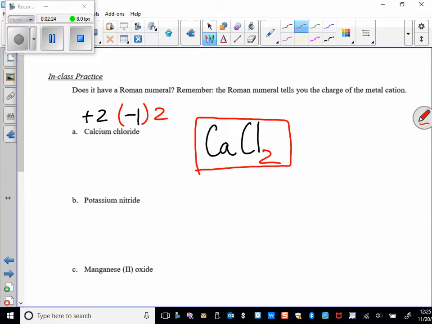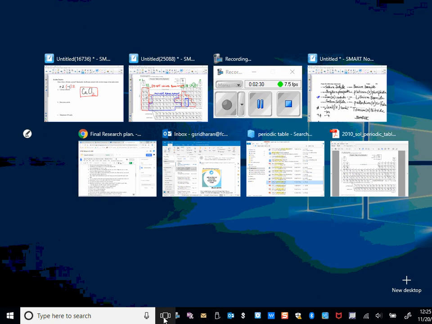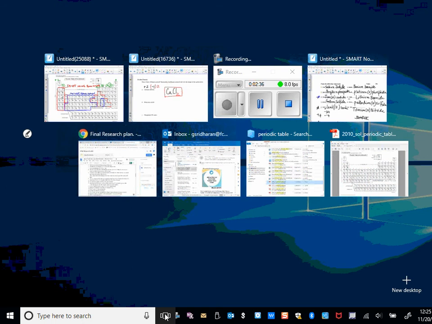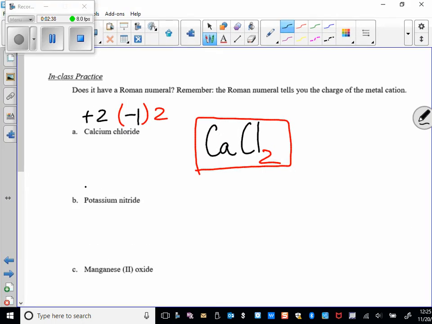Do we understand it? Now, let's go to the next one and let's look at potassium. What is the charge on potassium? Plus 1. So let's write that down. That is a plus 1. Nitrogen is a? Does everybody understand where I get that nitrogen charge from? Negative 3.